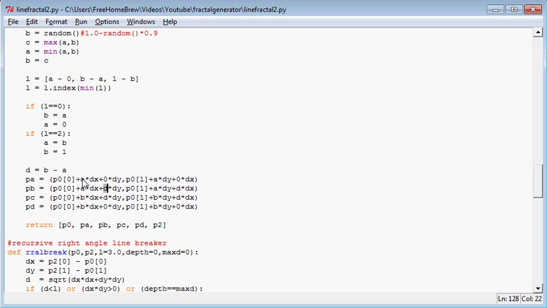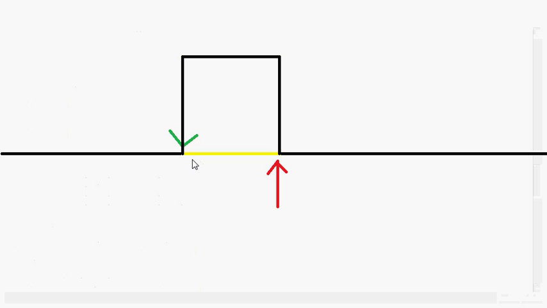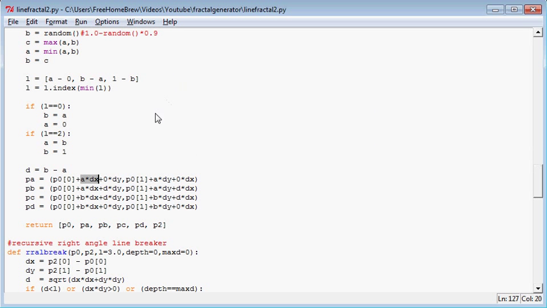So we add dx times a, which is this point over here, and then d times dy. And this may seem peculiar because we add a dy to an x-coordinate. Why would we do that?